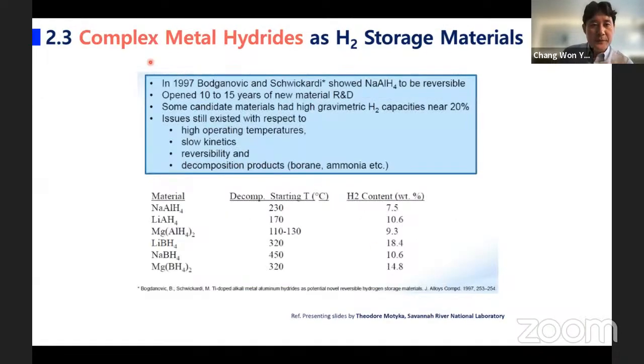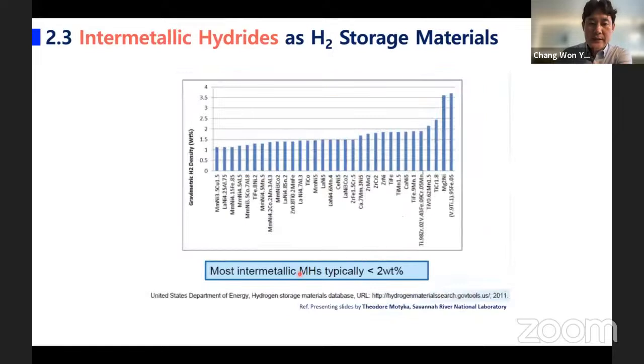Another similar but different one is the complex hydride. This is a combination of metal and some other inorganic species, for example, sodium borohydride, right? Sodium is a metal, boron is an inorganic species. These types are called complex metal hydrides, and they have higher gravimetric hydrogen storage density compared with intermetallic metal hydrides.